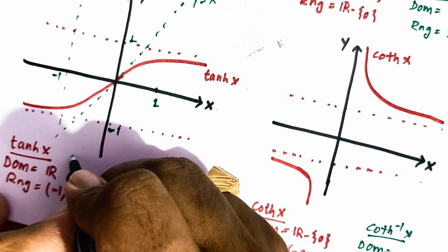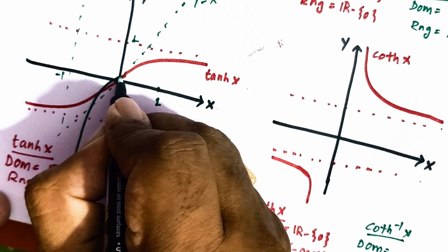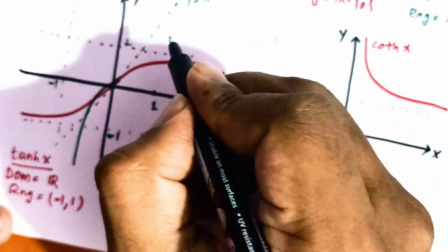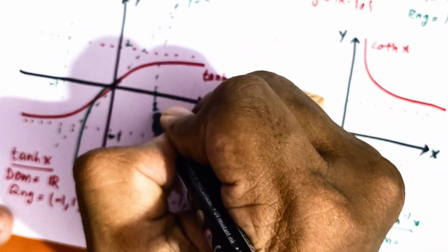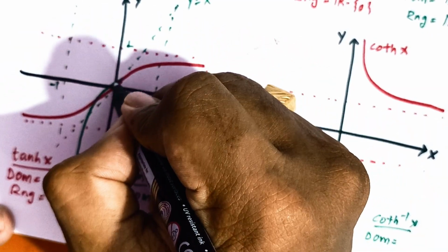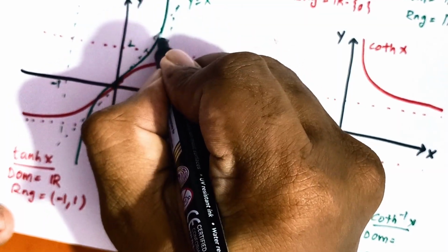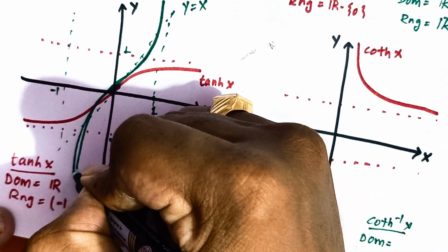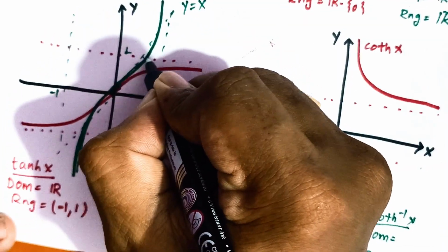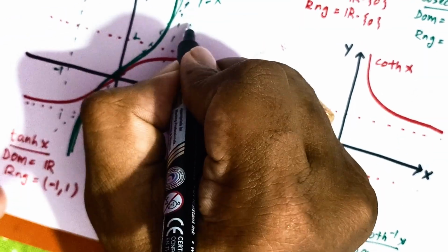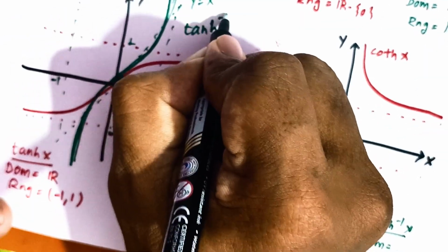So our graph will be something like this one. This is our inverse hyperbolic tangent.